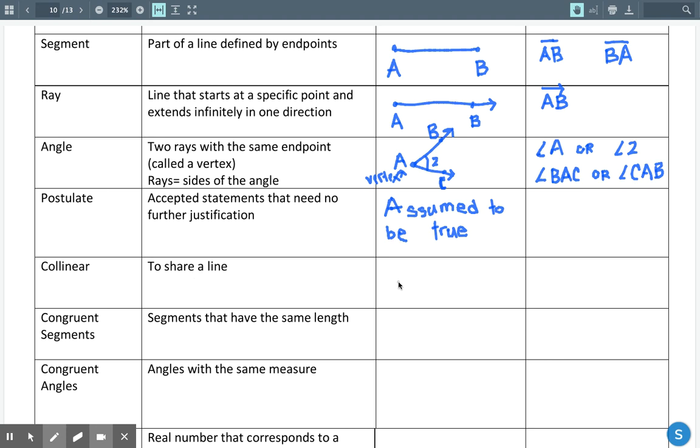So if I have, let's say, a line, there's my non-straight line. Well, it's okay. And I have points on this line.